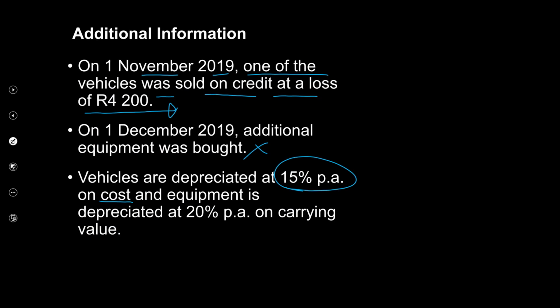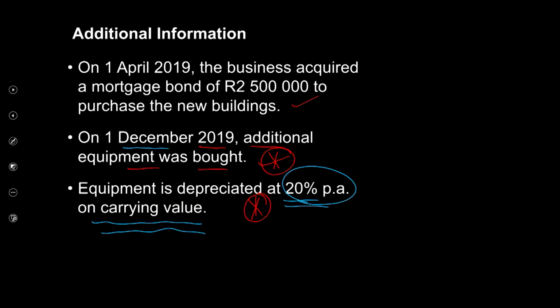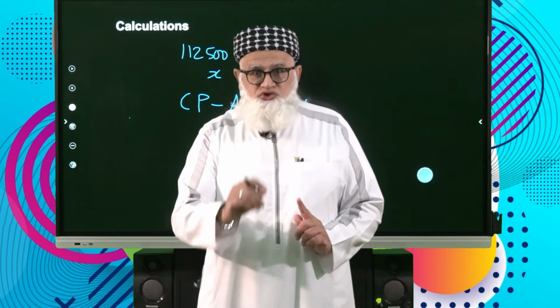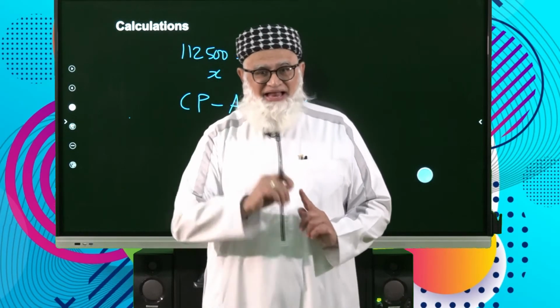Here we go. 4,200 was my loss. So in my table now, what is very important is that you have a loss of 4,200. So you work backwards to determine your carrying value, because we know that in note number 3, we always say disposals at carrying value.